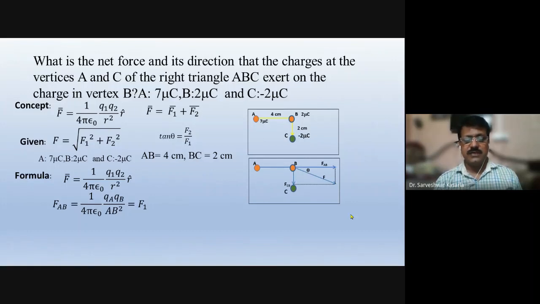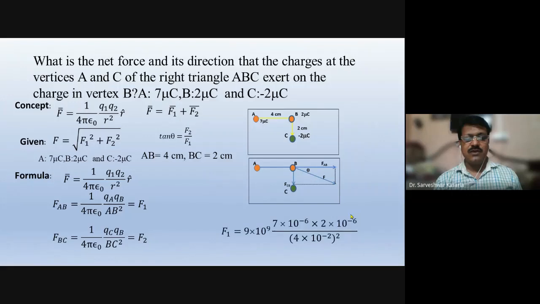So let us calculate F1 and F2. F2 will be like this. So F1 will be, if you put the values, then F1 will be like this. So we just calculate the numerical values. We keep 9 into 7 into 2 one side.